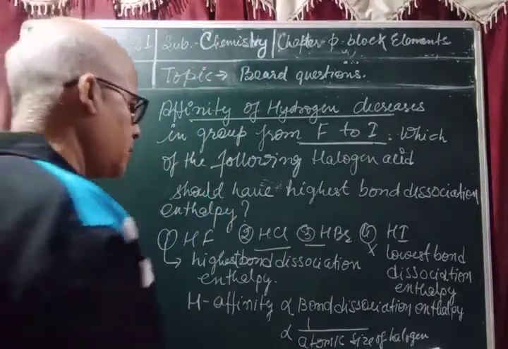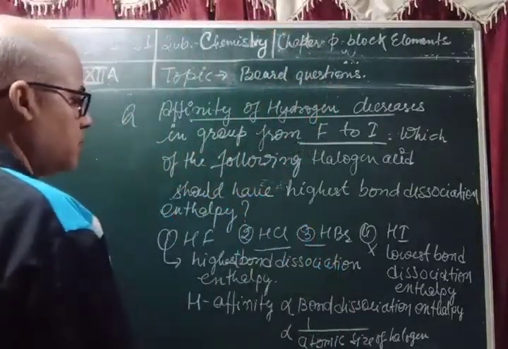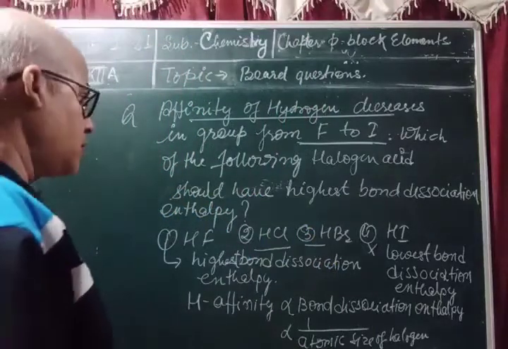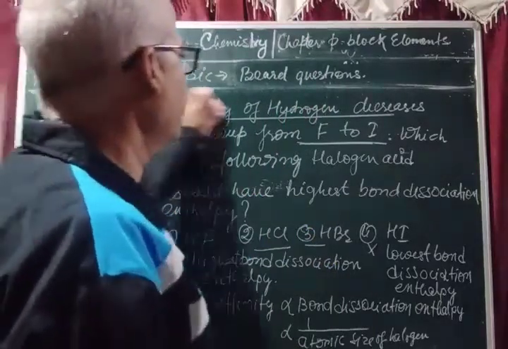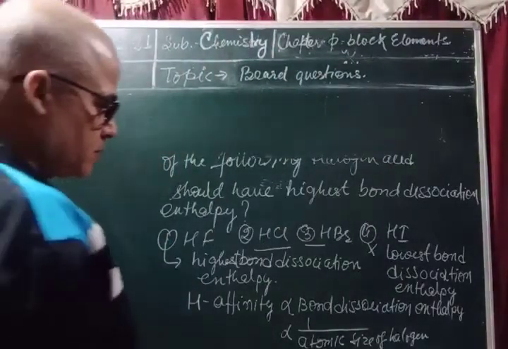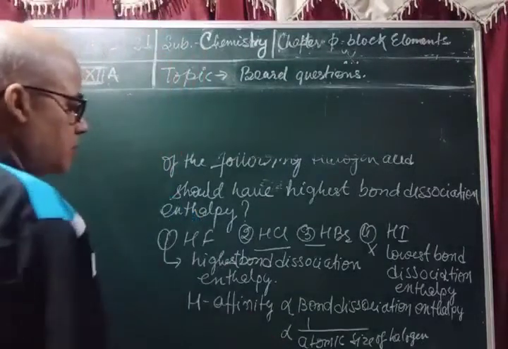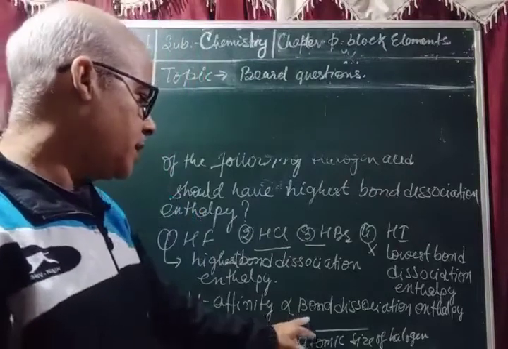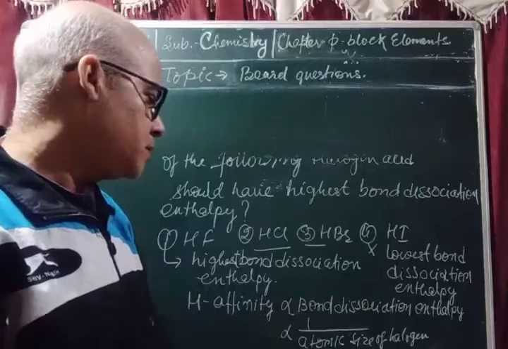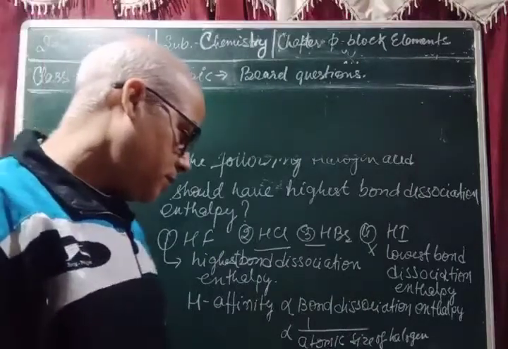You can write here also one thing more. Hydrogen affinity is directly proportional to bond dissociation enthalpy, directly proportional to 1 upon atomic size. Now see the next question.